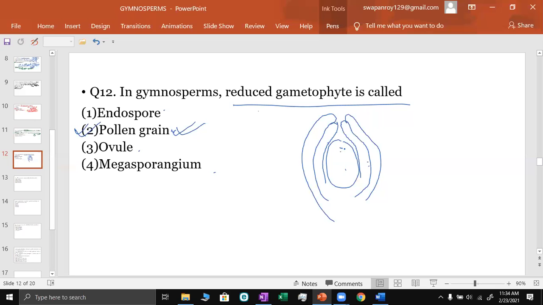The megaspore mother cell undergoes meiosis, then develops megaspore, that is the gametophyte. And the female gametophyte is a multicellular structure, with several times more cells, maybe 100 times more cells. So here the reduced gametophyte is the pollen grain.